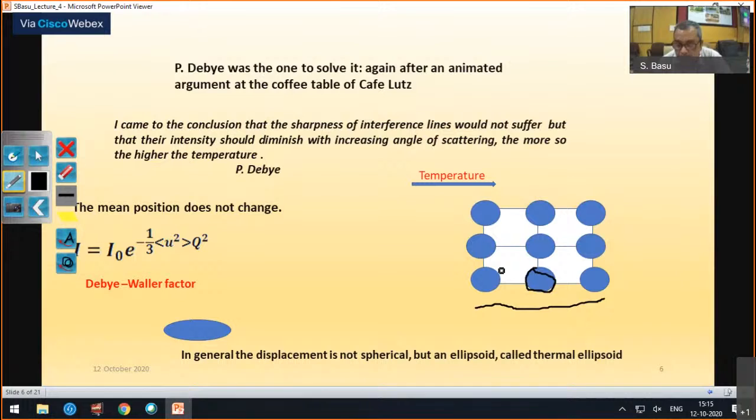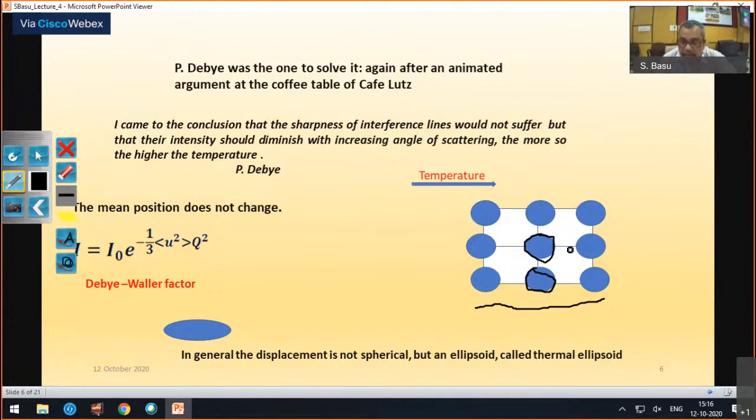So that means the periodicity of the crystal lattice is not lost, but what you have is something like a dynamic form factor, which you discussed earlier. I was telling you, if a charge distribution is large, it falls off in Q space. The larger the charge cloud, the faster is the fall. And this comment of Peter Debye is exactly the same as what I talked about with respect to form factor: the sharpness of the interference lines would not suffer, but their intensity should diminish with increasing angle of scattering, read it as Q, the more so the higher the temperature.